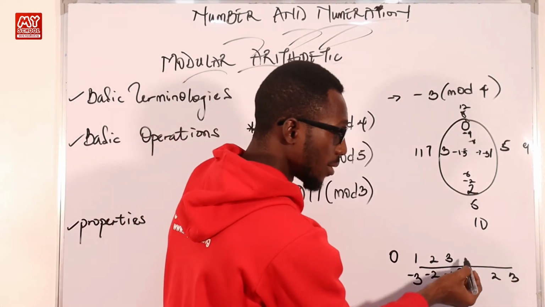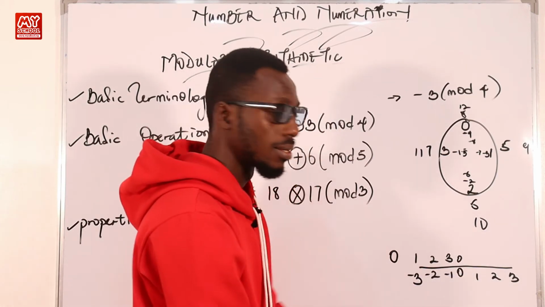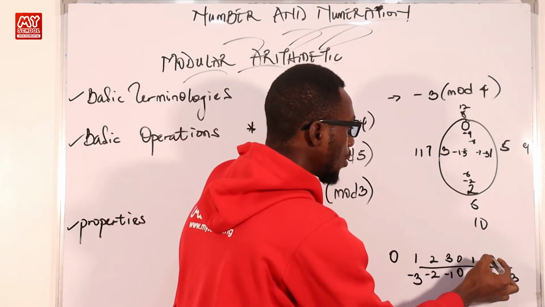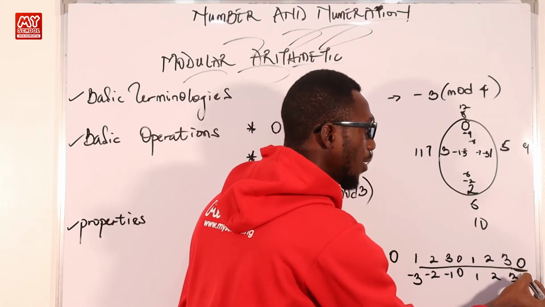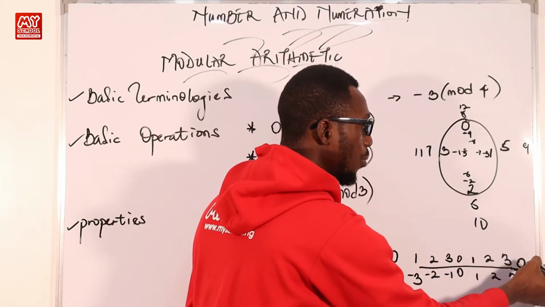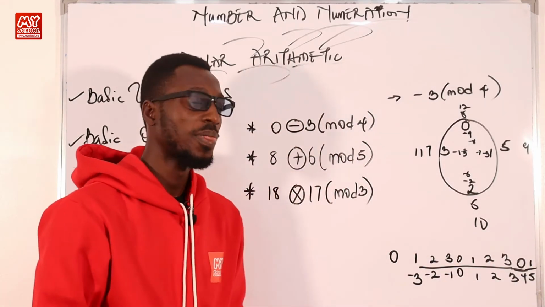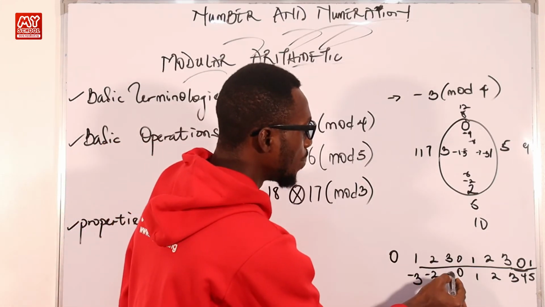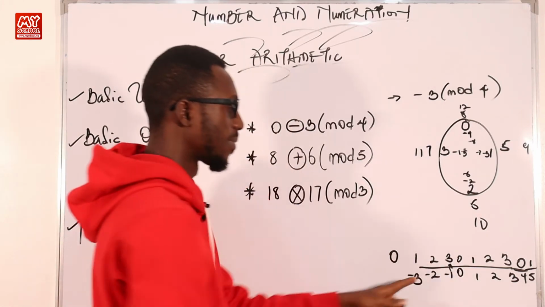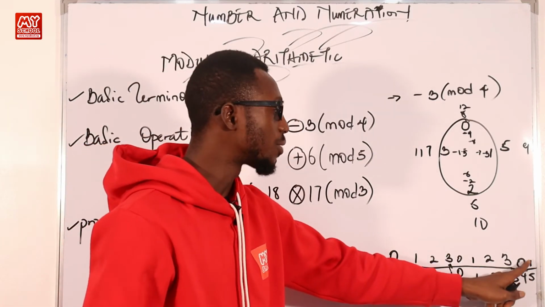So the next numbers will be 1, 2, 3, then 0 on 4, and the next value is 1 on 5. This is another way you can use to determine it. So minus 1 in modulo 4 is 3.